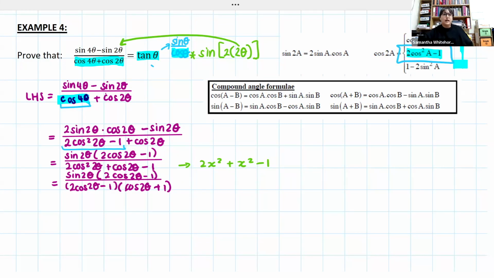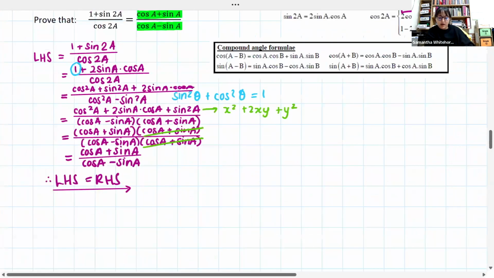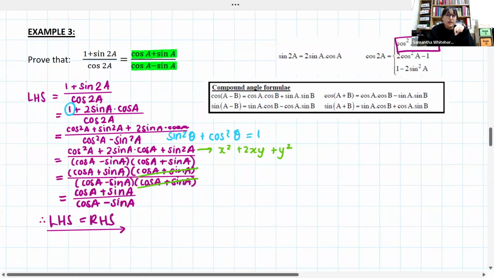So I'm going to pick the one that only deals with cos. Yes, there's a 1 there, but more often than not, the ones are going to cancel, or it's going to be a situation like this where it's a trinomial. So it very, very much depends on what it is you're looking for. If, for example, we go back to example 3 here, again, we had a cos double angle in my denominator, but what I was aiming towards was different. I was aiming towards a denominator that had a cos plus a sine, or cos minus a sine. I was aiming towards something where I had both.